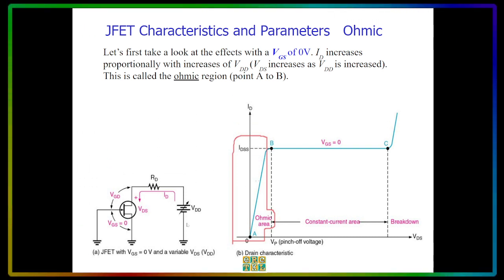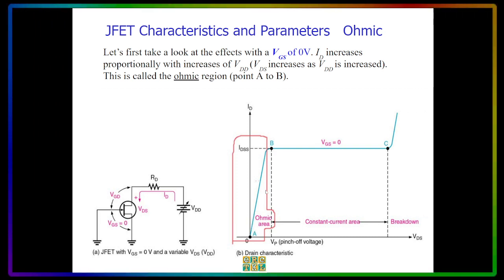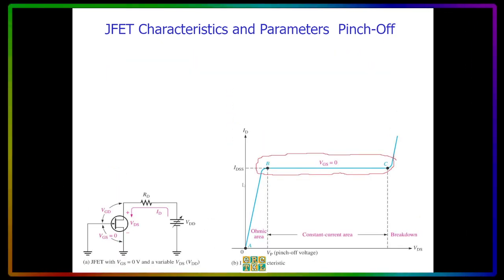So if you adjust the VDD while keeping the VGS equal to 0, the current ID will also increase from point A to point B. And while it is increasing, this is what we call the ohmic region from point A to point B.